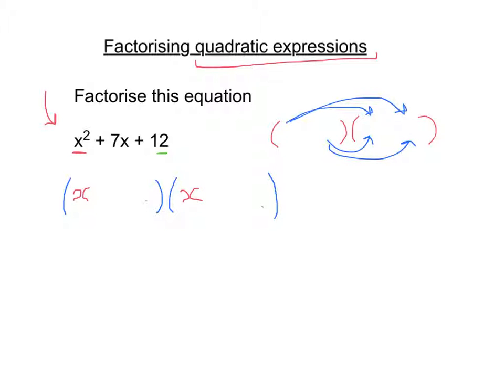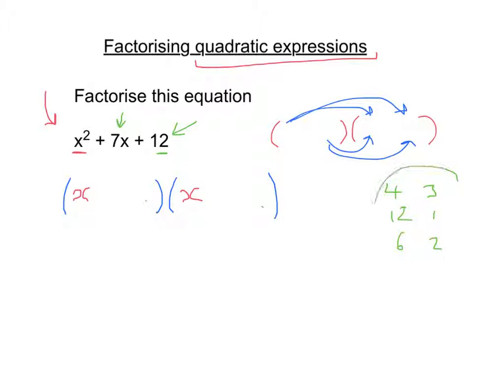Well, I've got lots of options here. I could have 4 and 3, or I could have 12 and 1, or I could have 6 and 2. But the key, as some of you picked out at the end of last half term, is that the numbers that you use have not only got to multiply to give you 12, they also have to add to give you that number there, the 7.